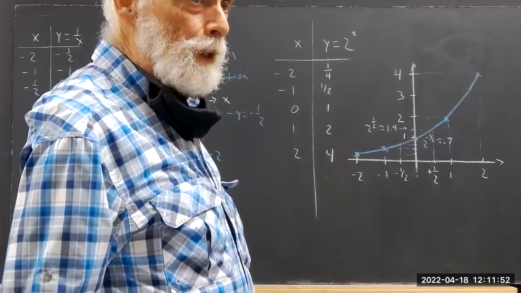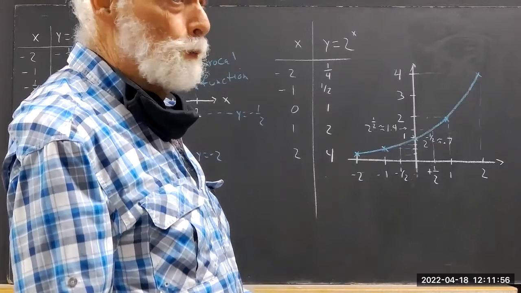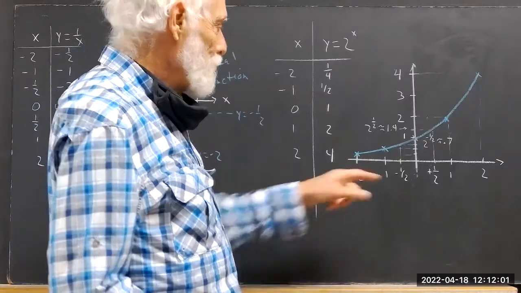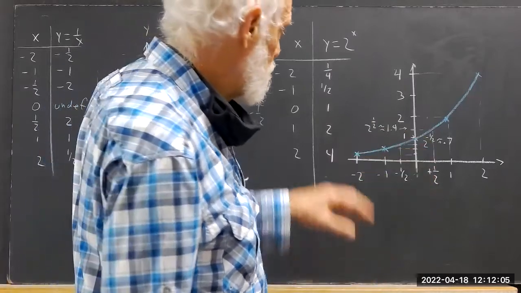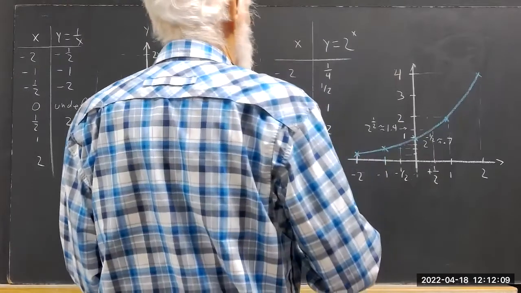Okay? Now, the reason why your calculator does it is they have a bunch of really, really good graphs drawn in your calculator, and they do this with those graphs. And if you believe that, you're too gullible. Okay. This is called your basic exponential function.